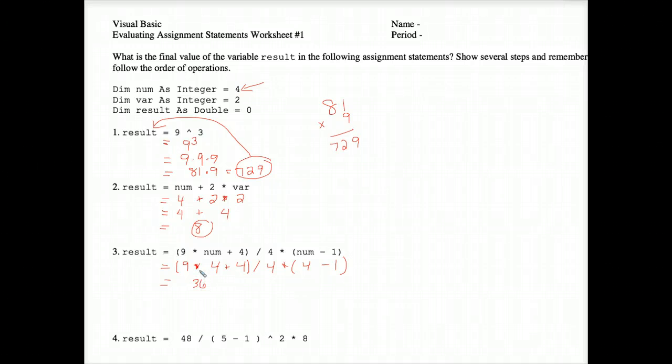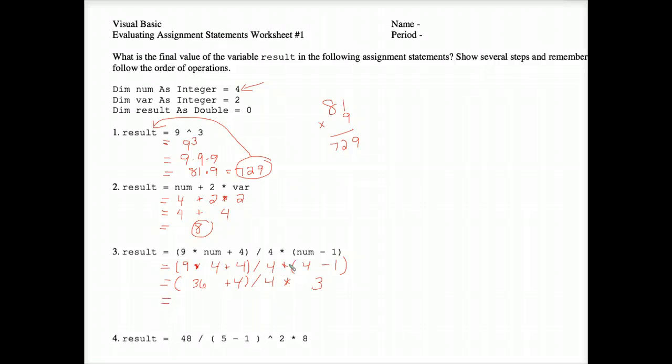So I'm putting a 36 below that star. I'm rewriting this plus 4 just to get extra money if the teacher's going to give me $1 for every step that I write out. Let's break this down into as many steps as possible. Notice the parentheses are no longer necessary because we did the 4 minus 1.